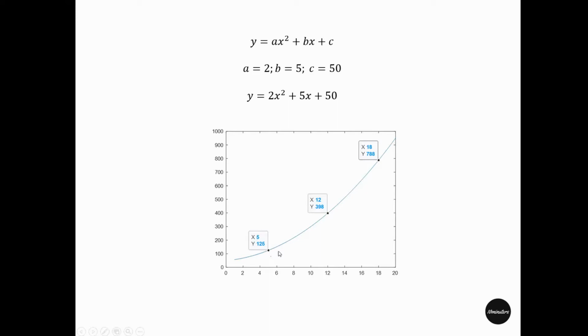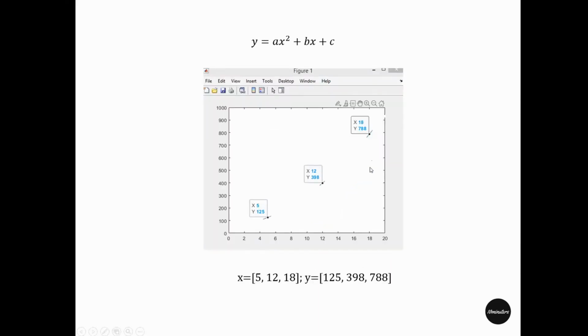and select 3 points in the curve at x equal to 5, x equal to 12 and x equal to 18, and these are the corresponding y values. Let's say for some reason we forgot what those coefficients are.